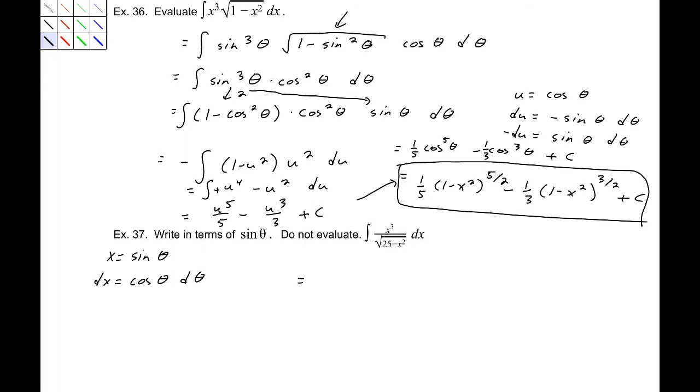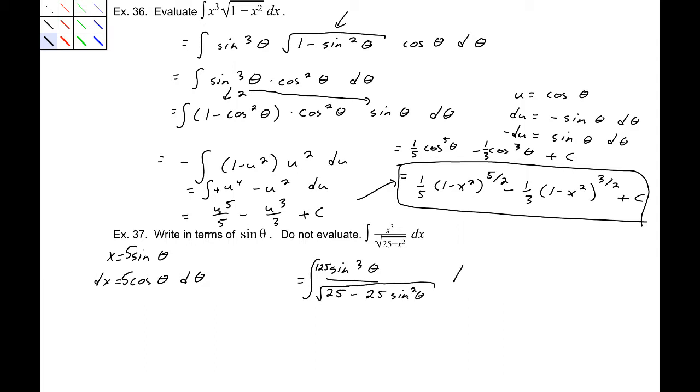Alright, so the x cubed is going to be a sine cubed theta, and oh, there should be a 5 in there, 5 sine theta, so 5 sine theta cubed will be 125 when we cube that. Now, the square root of 25 minus 25 sine squared theta.